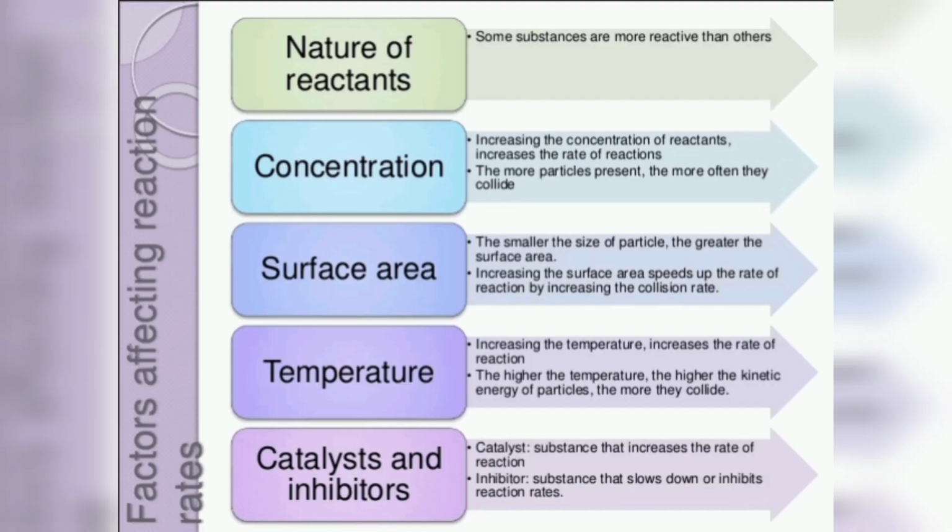The first is nature of the reactants. If you take an example of sodium reacting with hydrochloric acid, the reaction depends on the nature of the reactant, whether it is a strong acid or a weak acid. The reaction of sodium with hydrochloric acid is faster than that with acetic acid. Do you know why this happens?